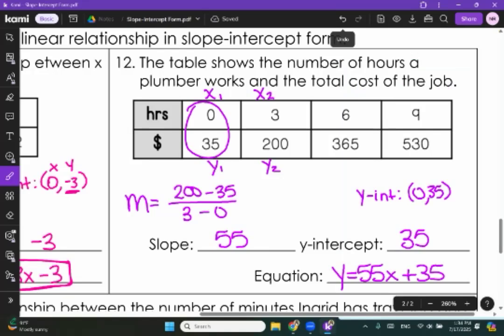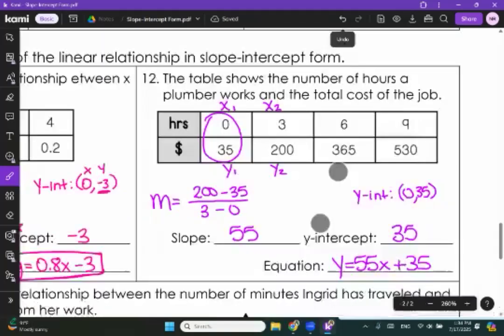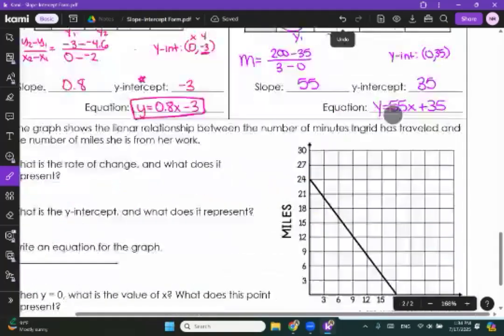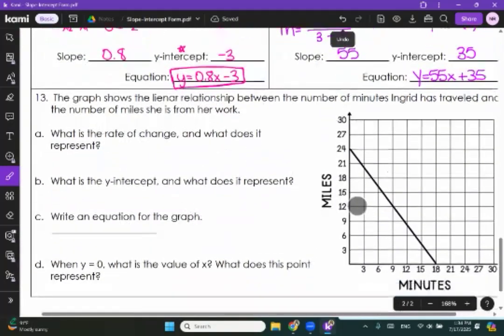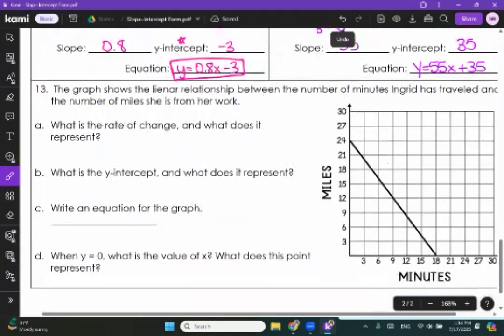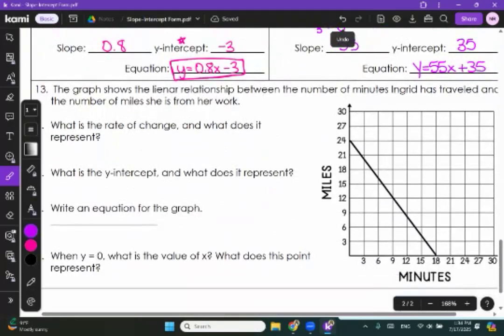In a real world situation, what would we do? Here we go. The graph shows the linear relationship between the number of minutes Ingrid has traveled and the number of miles she is from her work.